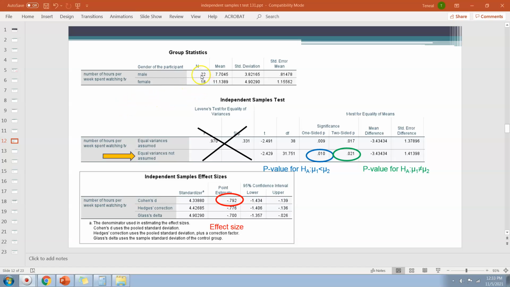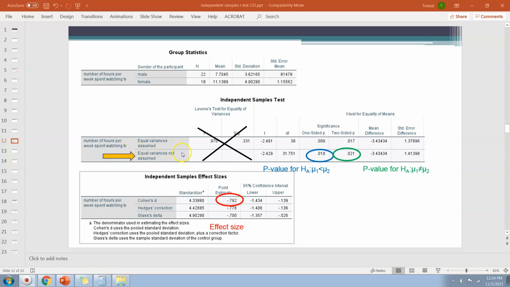And I'll point out here that this is our first example where we don't have the same sample size. I want you to know that's okay. You don't have to have the same sample size for both of your two groups. That's not an indication that something was wrong. In our output here, just like before, we had 2 rows: equal variances assumed and equal variances not assumed.